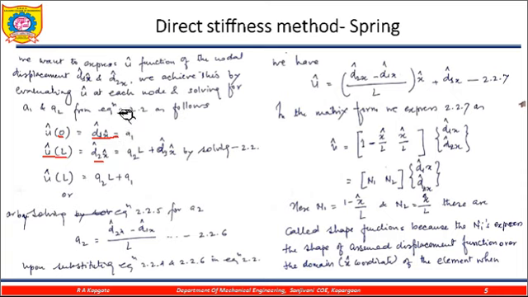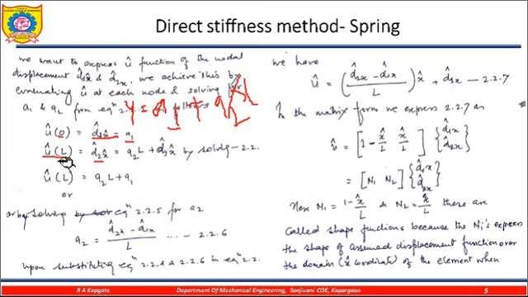How is that coming? I already know my formula: u is equal to a1 plus a2x. If I put x equal to 0, the a2x term is cancelled and only a1 remains, hence d1x is equal to a1.